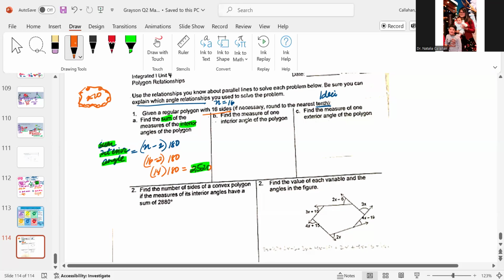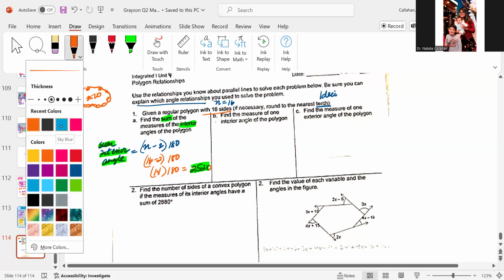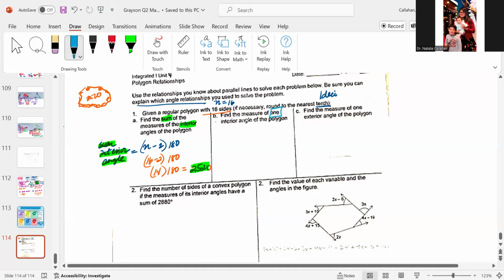Now take a look at B. Find the measure of one interior angle. So we're going to do sum or each? We're going to do each. Interior, exterior. 1, 2, 3, or 4. 4. Okay, so number 4, what does that say? What's the formula?